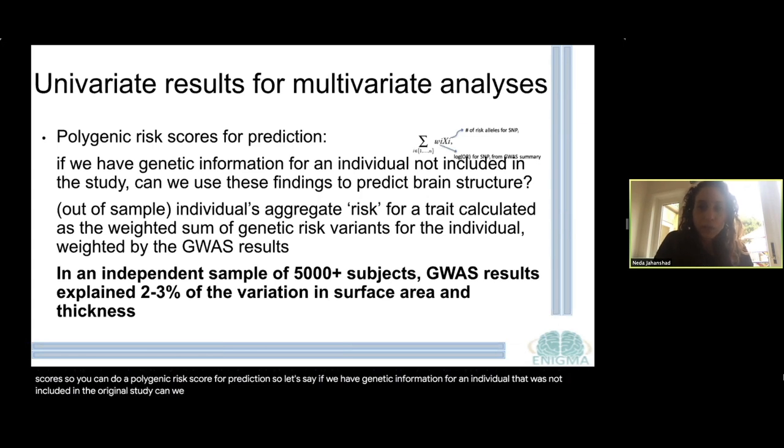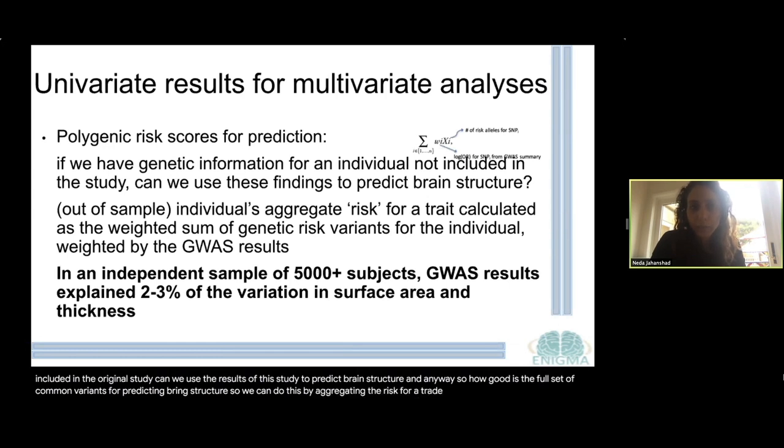Can we use the results of the study to predict brain structure in any way? How good is the full set of common variants for predicting brain structure? We can do this by aggregating the risk for a trait using a weighted sum of the genetic risk variants for the individual, and the weights are determined by the GWAS results.